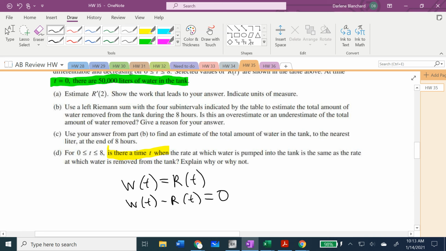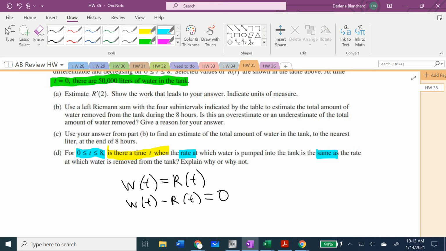Now I'm going to read it again. For a time between 0 and 8, is there a time when the rate at which the water is being pumped into the tank is the same as the rate at which water is being removed? Both of them are rates. They're asking if they are ever equal.